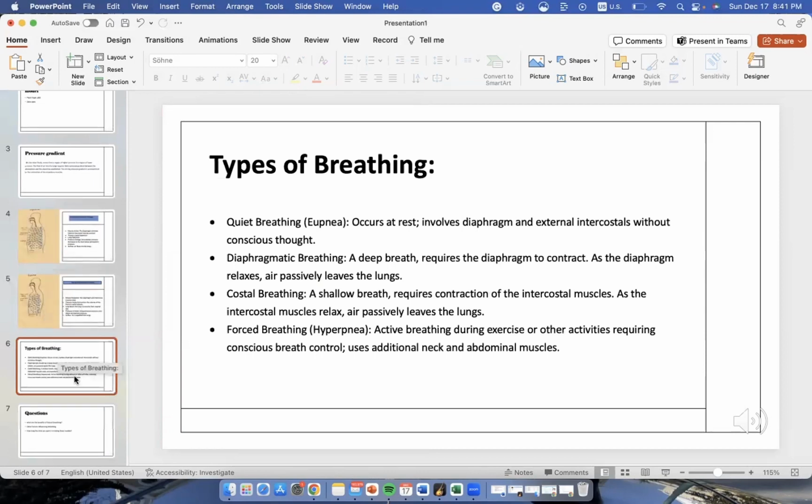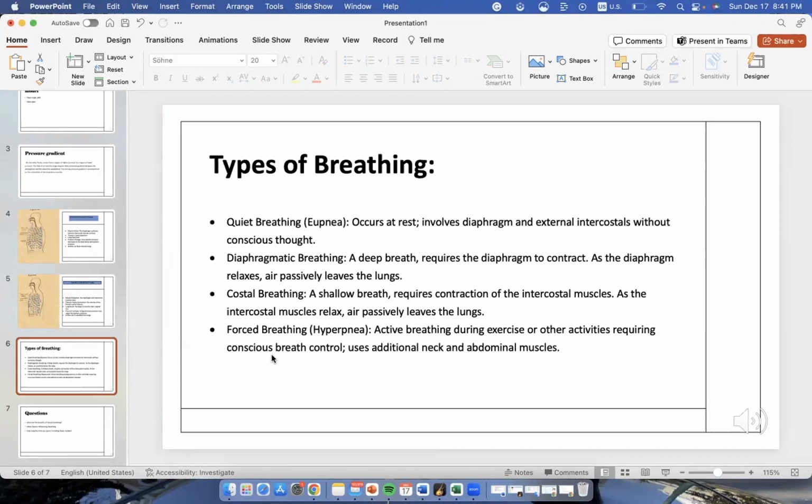And costal breathing is a shallow breath because it requires the contraction of the intercostal muscles. As your intercostal muscles relax, the air passively leaves the lungs. And the last one is forced breathing. This is also the way we practice during meditation or yoga.